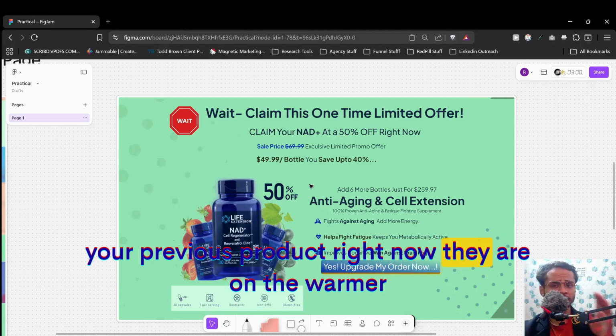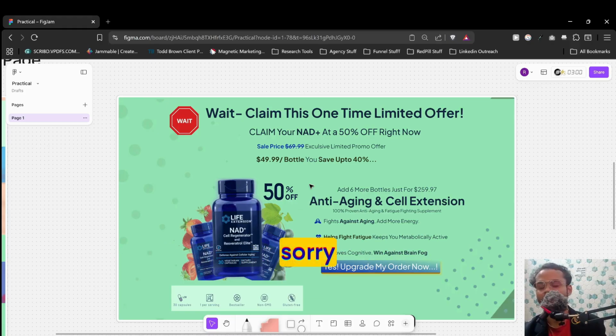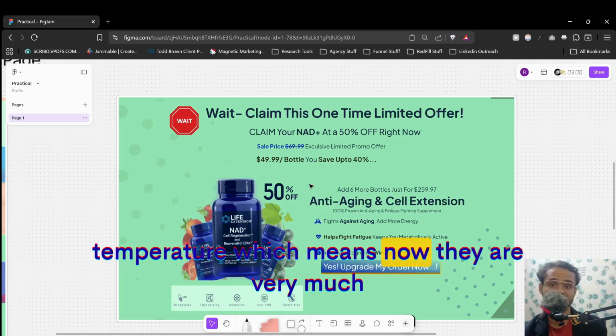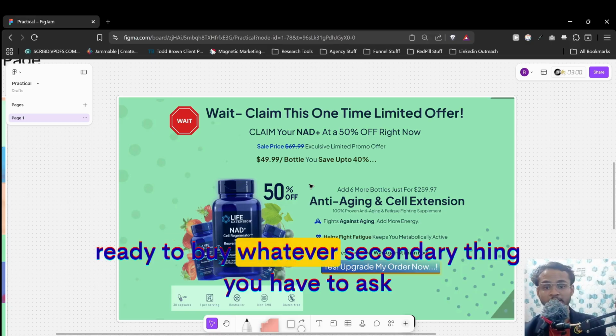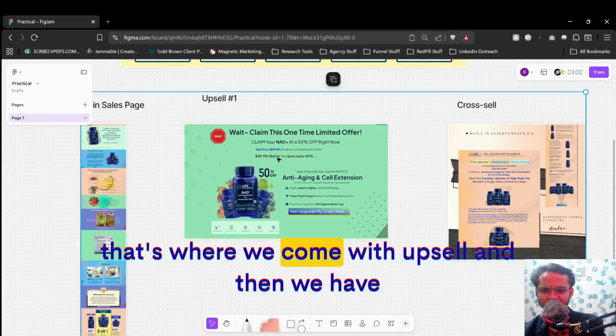Now they're on the warmer side of your traffic temperature, which means they are very much ready to buy whatever secondary thing you're selling. That's where we come with upsell.